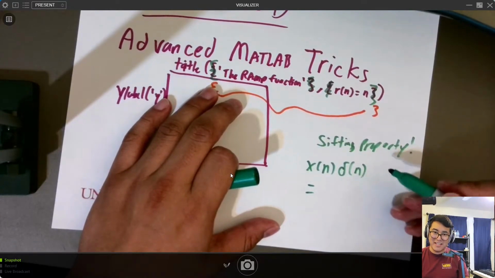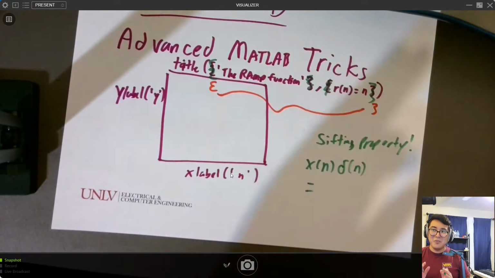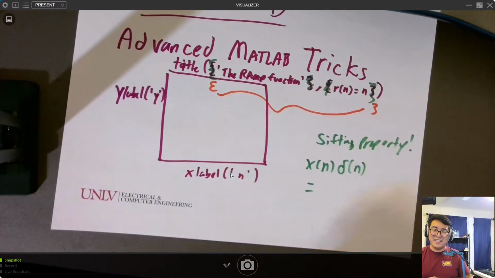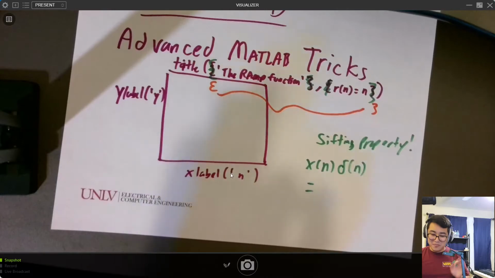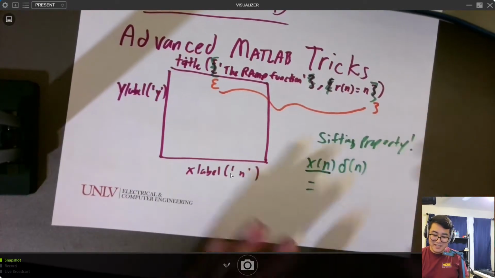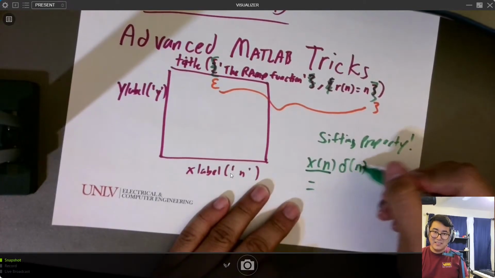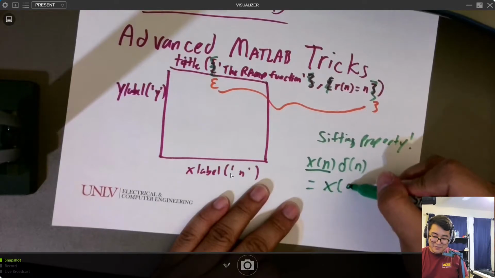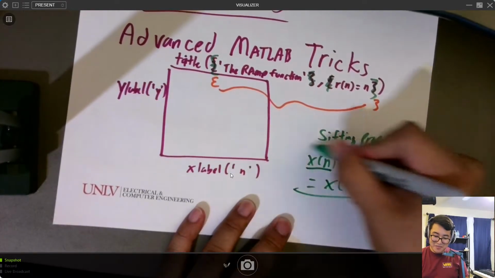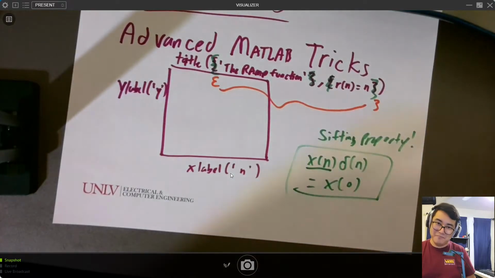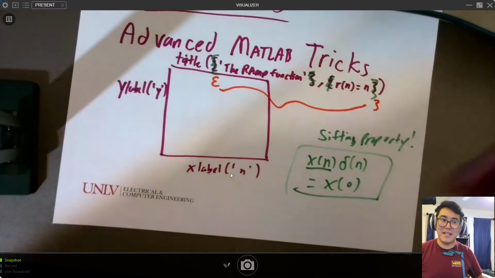The delta will say its name at n equal to 0 and kill the signal everywhere else, which means the only number that comes out is whatever is at x equal to 0. This is one of the most important things you've got to get out of this class. It's going to be on the exam, which is in about a week.